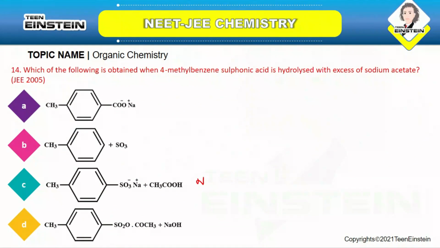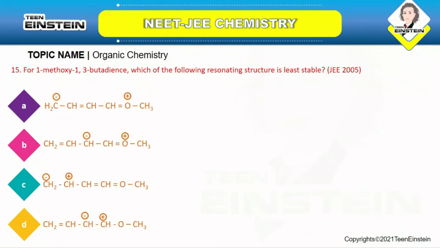Let's see the next question. Which of the following is obtained when 4-methyl benzene sulfonic acid is hydrolyzed with excess of sodium acetate? Here we can see 4-methyl benzene sulfonic acid, which is hydrolyzed with excess of sodium acetate. So here 4-methyl benzene sulfonic acid is a strong acid, and sodium acetate is a strong base.